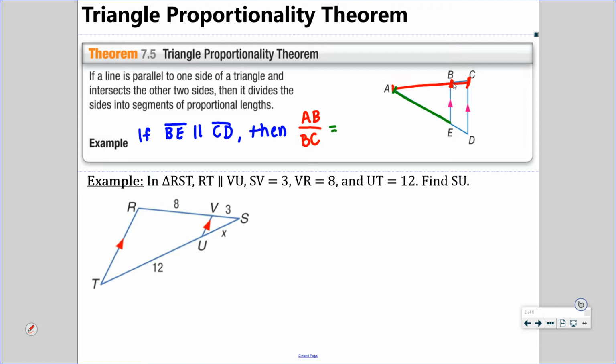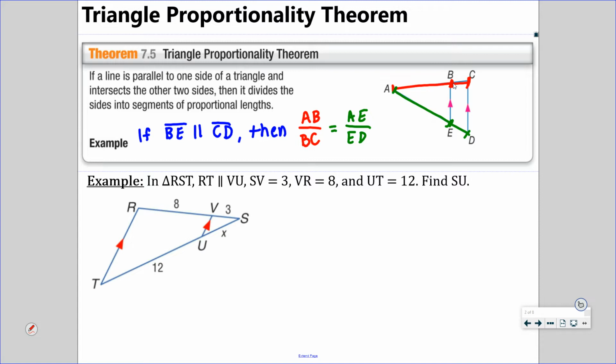So this one, AE to ED. Now, like all proportions, you have to be consistent with how you set it up. You could also say the smaller chunk, BC, to the larger, but then you'd have to do the same for the other side, and it'd be ED to AE. So as long as those two lengths are parallel, that relationship is going to be true. It's going to split the other two sides into proportional lengths.